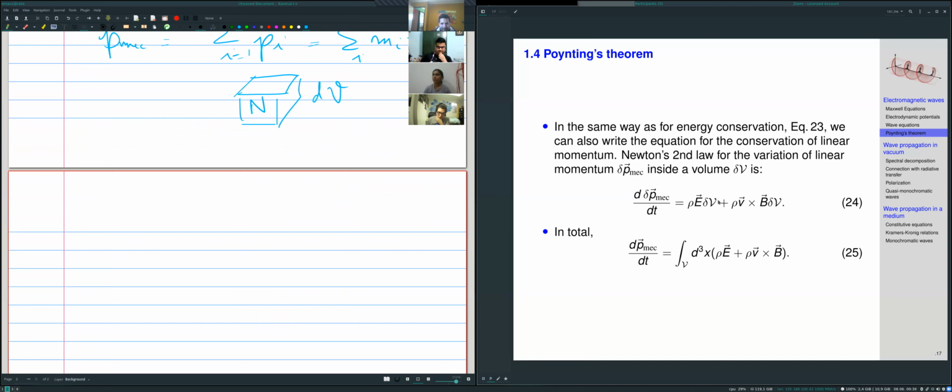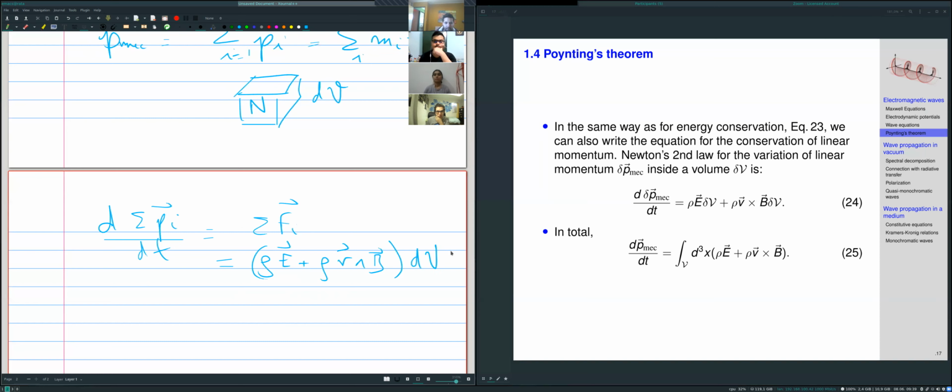Equation 24 is the Lorentz force applied to this: d times the sum of p_i over dt equals the sum of all the Lorentz forces, which would be rho times E plus rho V cross B, times dV.